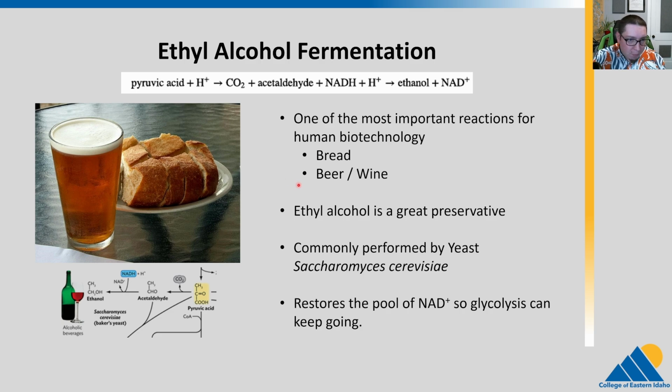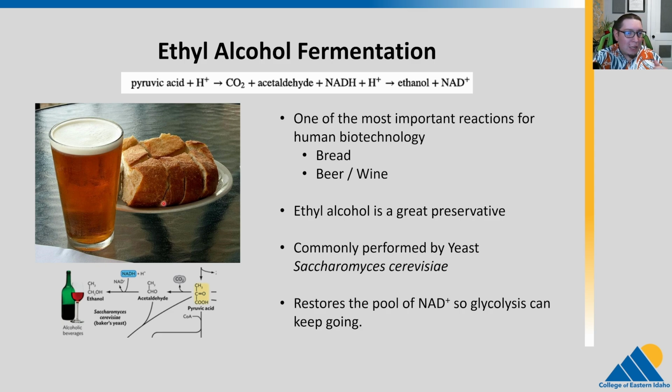And ultimately, beer and wine fermentation was a common way of storing energy in food. Food goes bad. Ethyl alcohol helps prevent microbial growth. So through fermentation, you can store your food longer as beer or wine. Now, bread, on the other hand, turns something that we have in the seed of wheat or something like that into something that is more appealing and also can store longer in some cases.